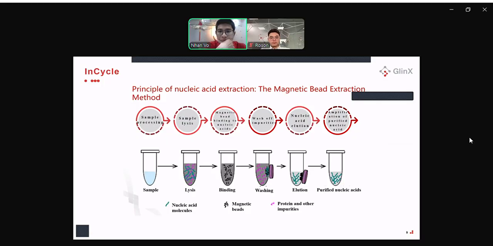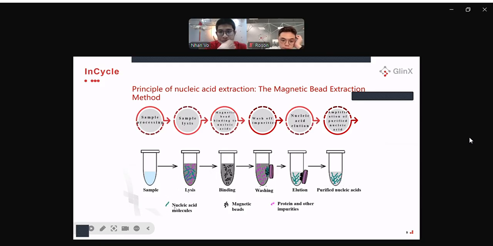The sample diluent is normally a chemical liquid used to lyse the cell bodies to let the cells release the genetic materials, like the nucleic acids, into the sample diluent.